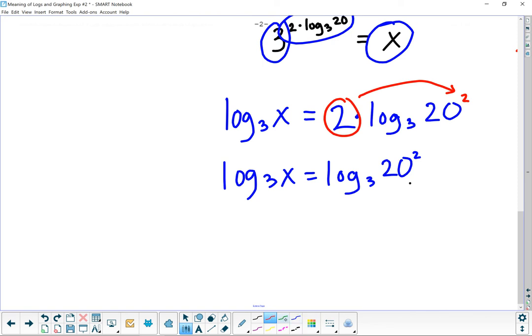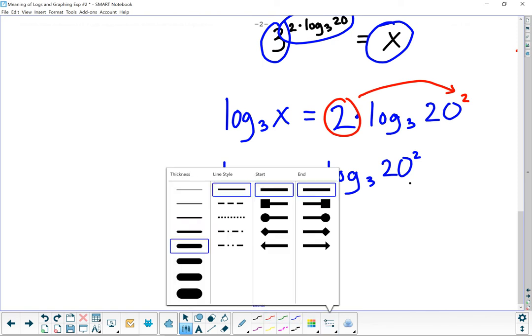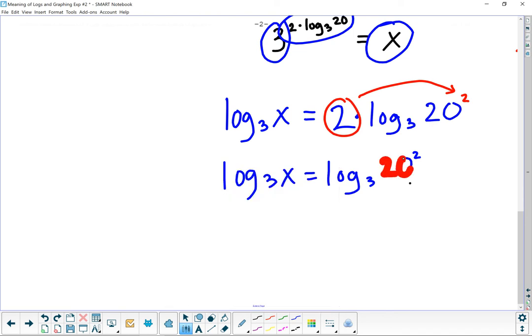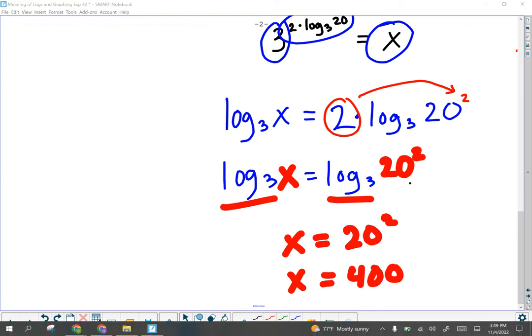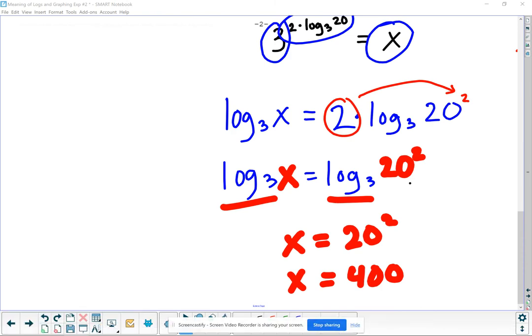So now we know that 20 squared is the same as x because the log base 3 and the log base 3 are the same. So that means that x has to equal 20 squared, which means x is equal to 400 because 20 times 20 is 400. Okay, that one was a little tough, but that's a wrap. Okay, guys.